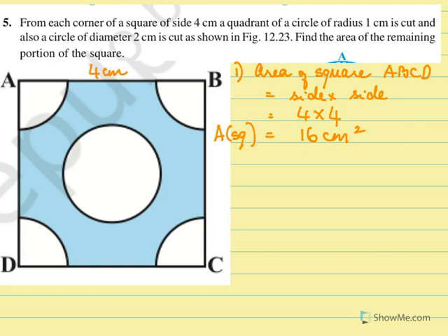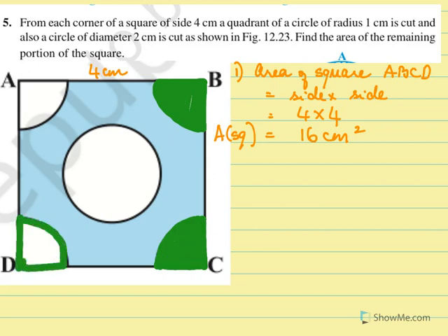Then we need to subtract the areas that have been cut off. So we've got to subtract this area, 1 quadrant, plus the second quadrant, 2. This has to be subtracted. Third quadrant and fourth quadrant.